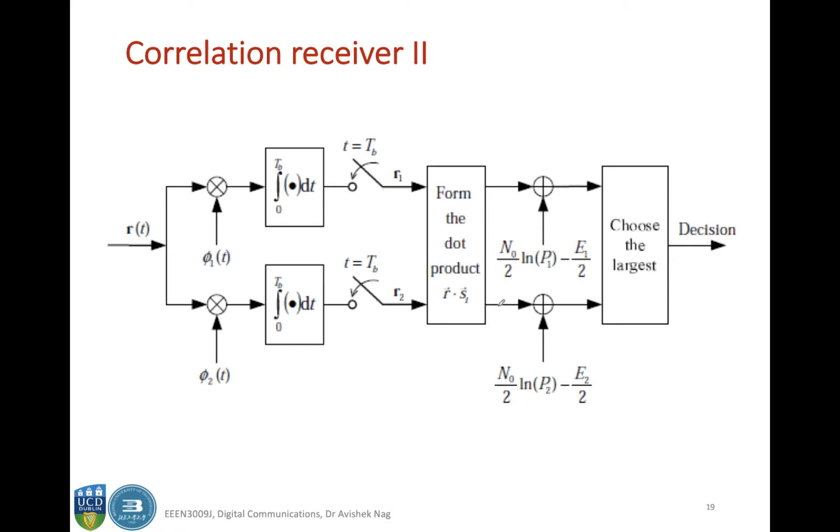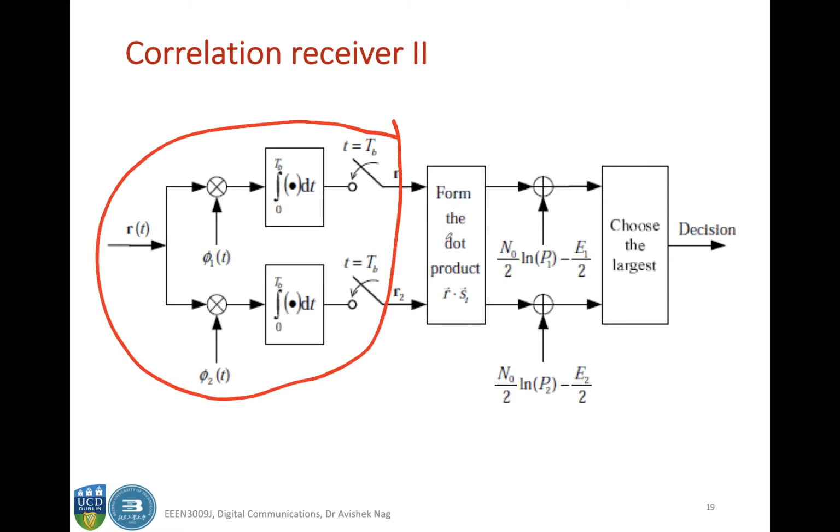So you can look at the correlation receiver in that form as well. So you can do all those things which were the same in the previous implementation of the correlation receiver, but whatever comes after is different here. So you form the dot product here. Earlier you were computing the distances, but now you form the dot product, then add these bias terms here.